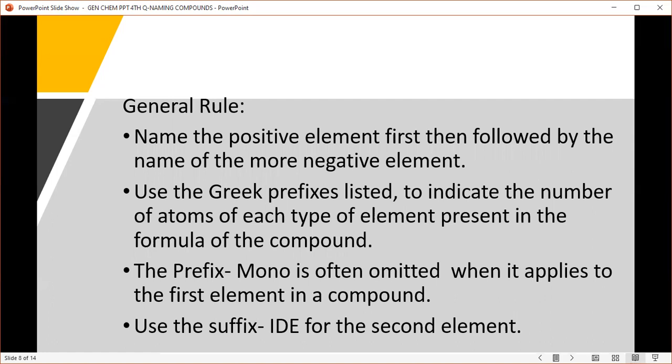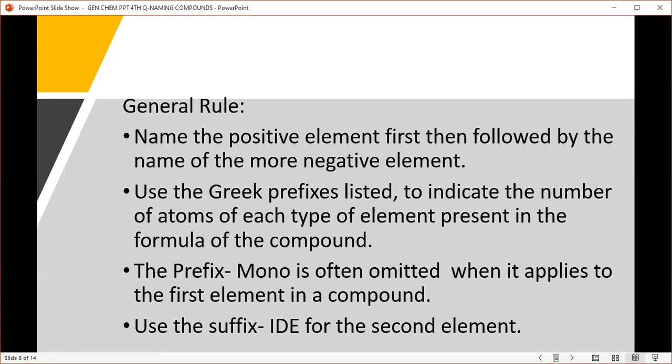All right, so name the positive element first, then followed by the name of the more negative element. Okay, so that is always the case. And then use the Greek prefixes listed to indicate the number of atoms of each type of element present in the formula of the compound.